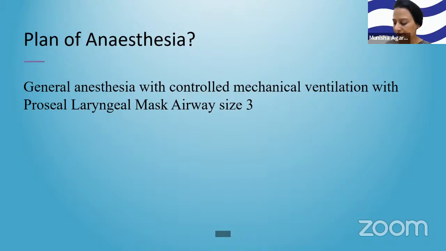Post-op components? I'll ensure early ambulation and early nutrition. Any post-op nausea and vomiting should be aggressively treated, and we will ensure early feeding, early ambulation. And you will take care of all the problems which Das has just enumerated.